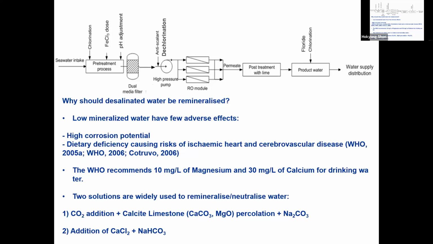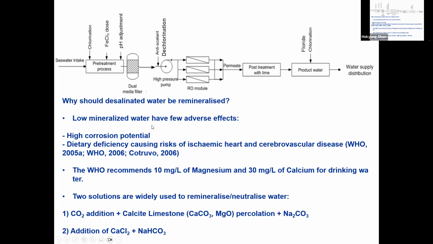So pure water is not always good for drinking. You have to put a little bit of buffer solution, a little bit of mineral, inside the water. So we need remineralization after permeate, because every mineral is removed and you have very high purity water.